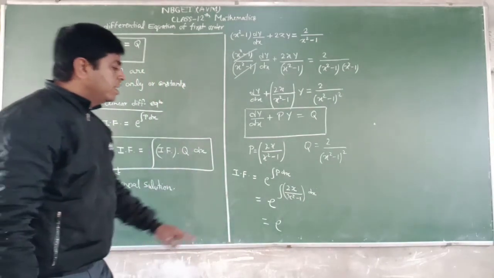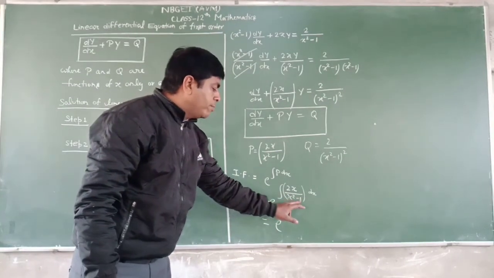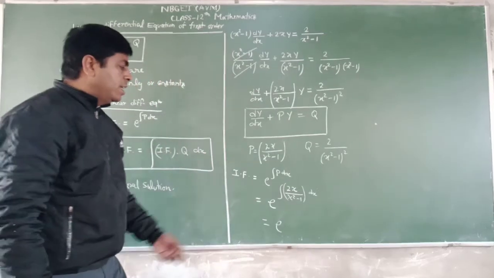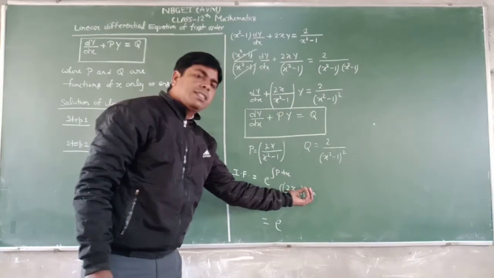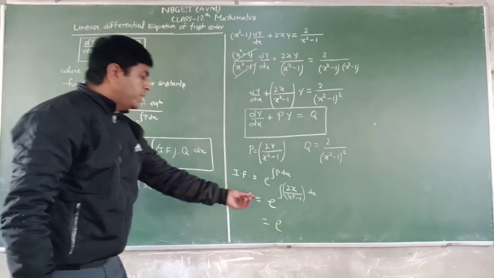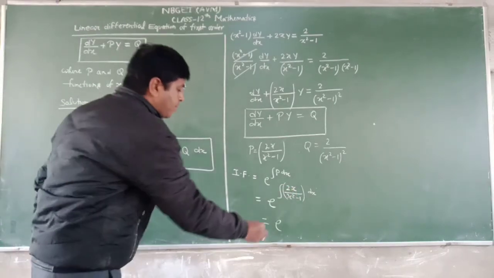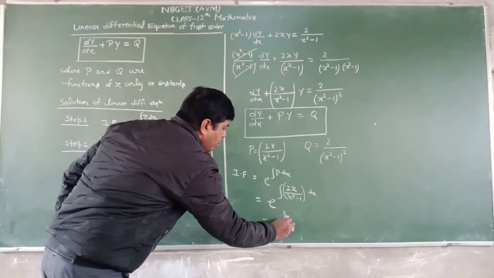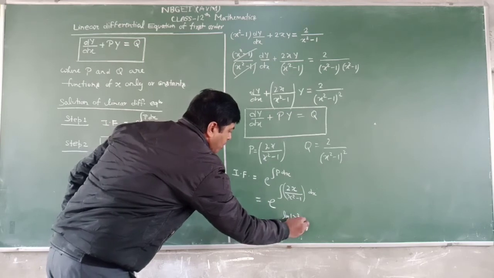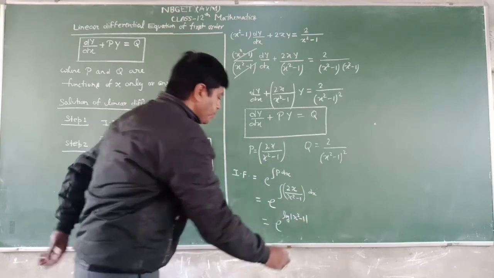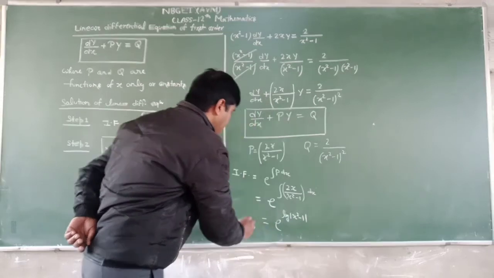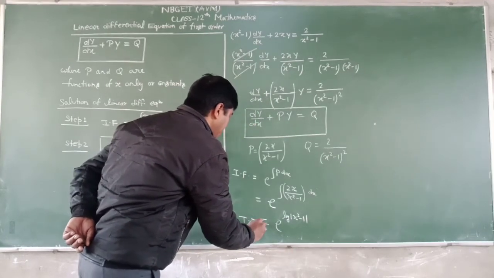If we let x² − 1 as t, then we get 2x dx = dt. It means the integration of this function can be written as log|x² − 1|. So this is the integrating factor.